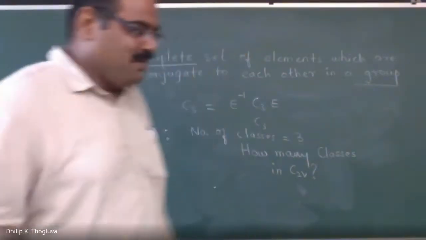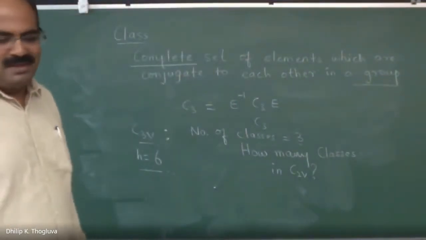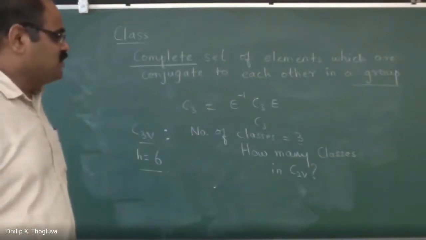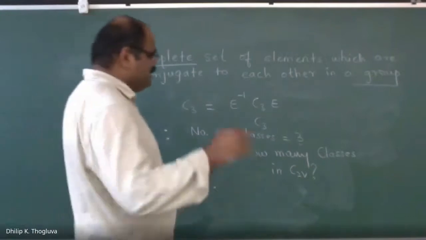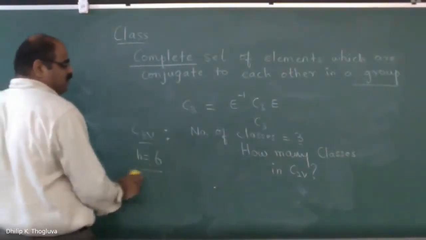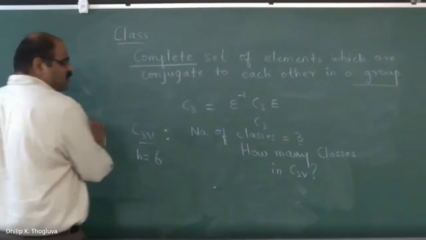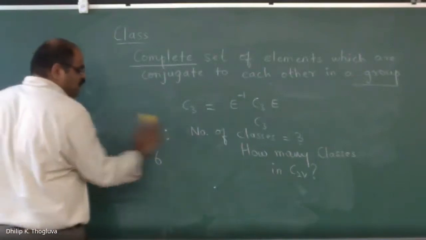The order of the group should be an integral multiple of the number of classes. So the number of classes multiplied by an integer will result in the order of the group. So the number of classes will always be lower than the order of the group.